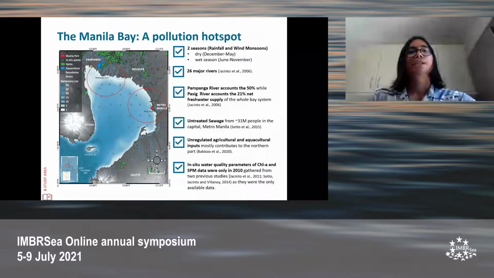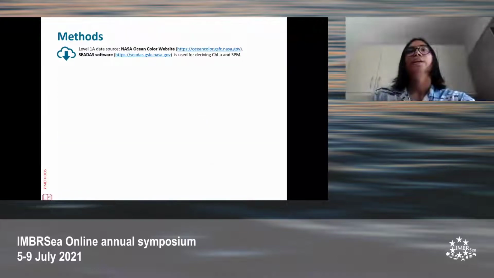Previous studies have used chlorophyll A and SPM, especially in 2010, to assess the water quality. So in this study as well, we use those as the in situ basis for this present study. For the satellite data, we have the level 1A data downloaded from the NASA website, and we use SeaDAS to derive chlorophyll A and SPM and also the processing parameters.